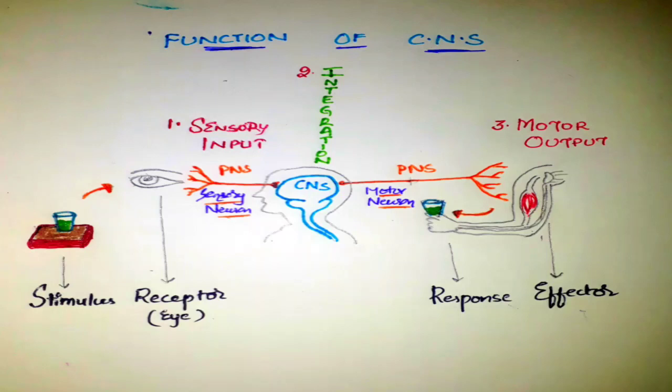Once information comes to central nervous system, the central nervous system compares and contrasts the recent information with the past information. For example, if we are sitting at home, generally we will be aware of presence of all our family members like parents, brothers, sisters and children.